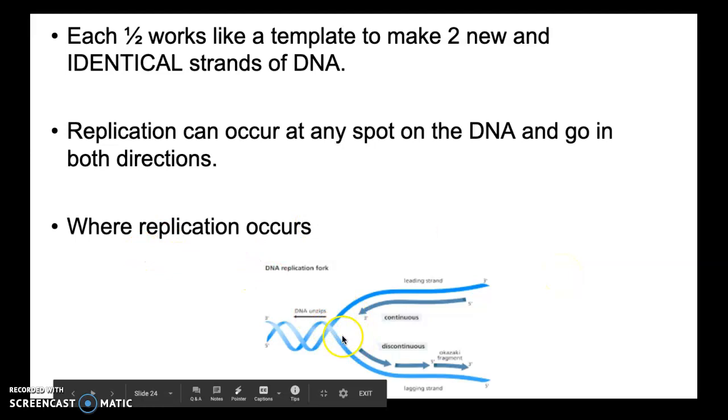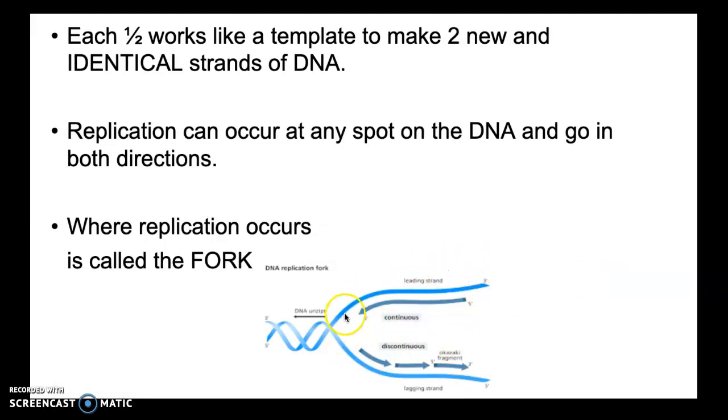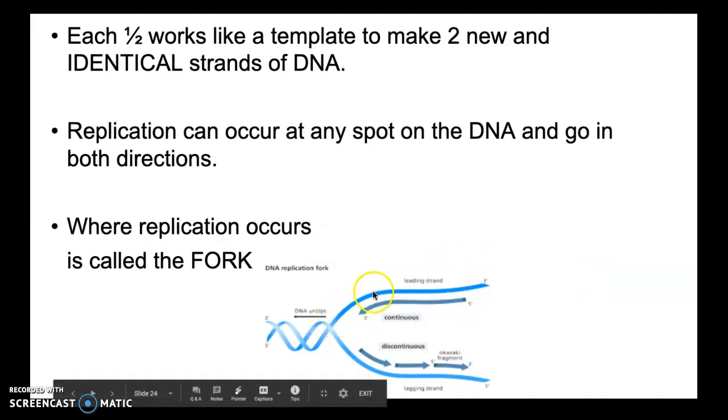Now, here is where replication is occurring. This is DNA that's undisturbed so far, but this DNA, which has been split apart, is where replication is occurring. This is called the replication fork. Think about it, it kind of looks like a fancy fork.